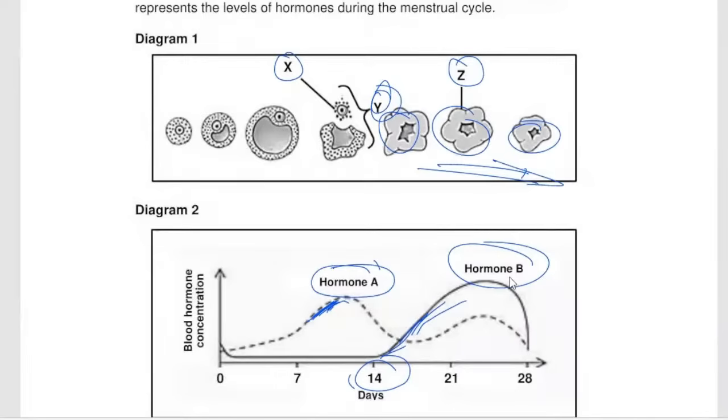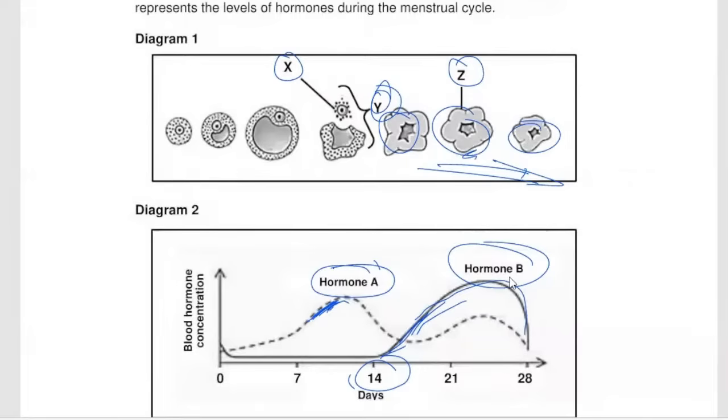And then if you look at this hormone B, which I classified as progesterone, the level is dropping. Why? Because it is after day 14, that's the only hormone which increases rapidly after ovulation, and then the corpus luteum is being formed. The moment the corpus luteum is formed, progesterone is being produced.